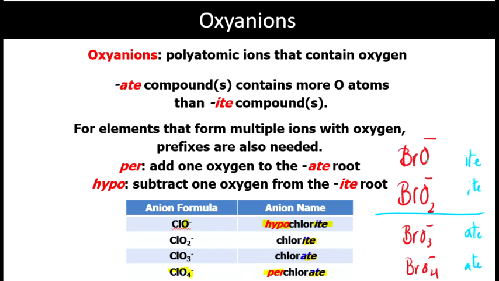For the minimum number of oxygen, hypo at the beginning, maximum number of oxygen, per at the beginning. And then our nonmetal, hypobromite, bromite, bromate, perbromate. Everything is the same as this one, but the nonmetal is going to be bromine.